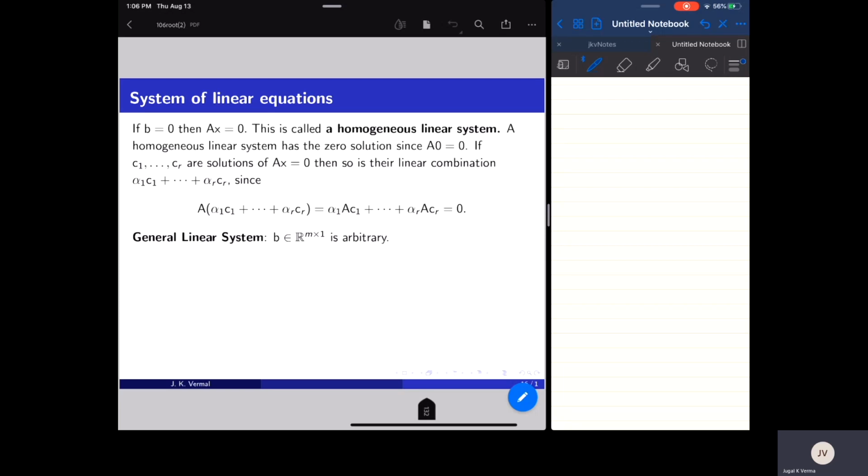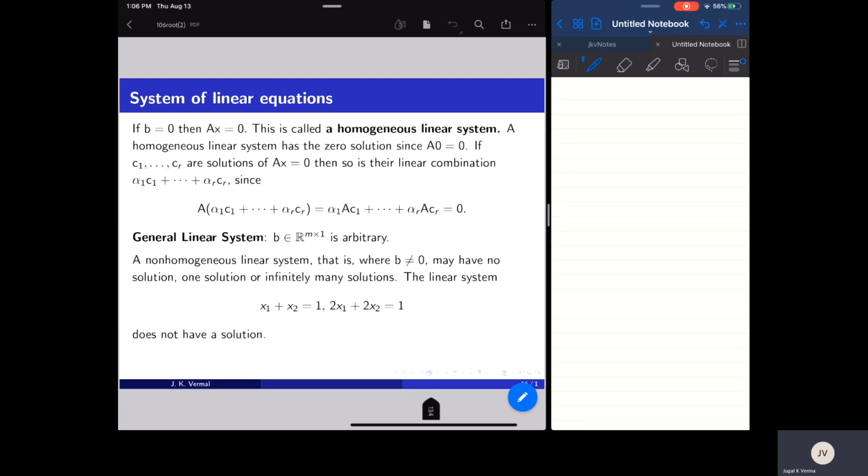A general linear system has b as an arbitrary vector, and it is called a non-homogeneous system if b is not equal to 0. A non-homogeneous system may have no solution, one solution, or infinitely many solutions.